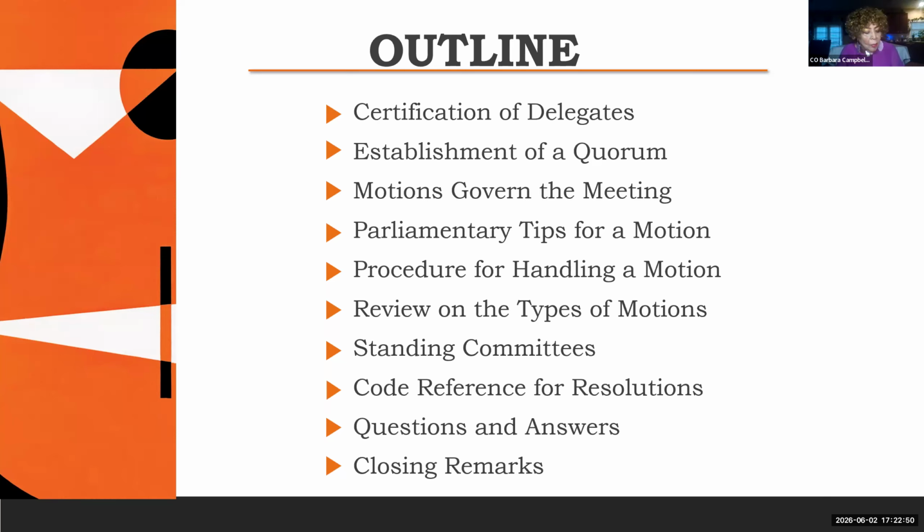Credentials, consisting of one lay and one clerical delegate from each annual conference, will be announced by the senior bishop. The roll of delegates elected to the General Conference from the various regions should be called at the opening session. The procedure for calling the roll will be as follows.